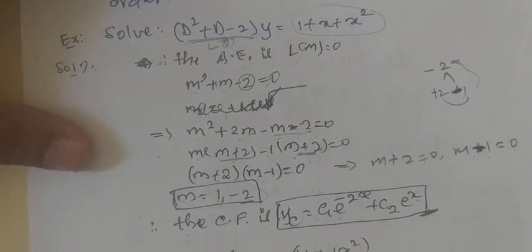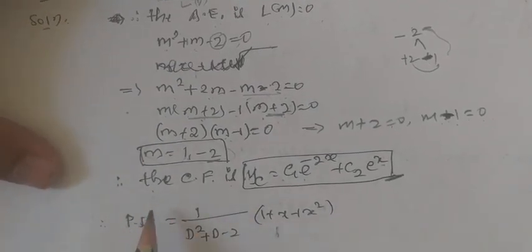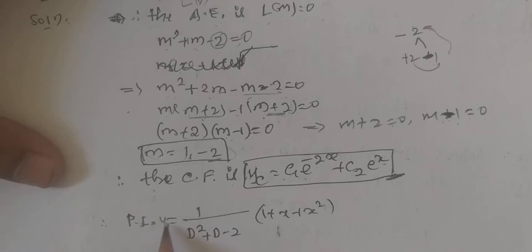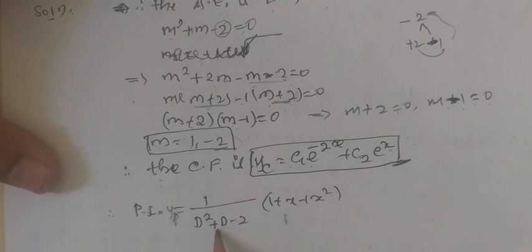Now we will concentrate on finding the PI. The PI is given by yp, that is 1 divided by L of D, which is 1/(D square + D - 2) of (1 + x square).